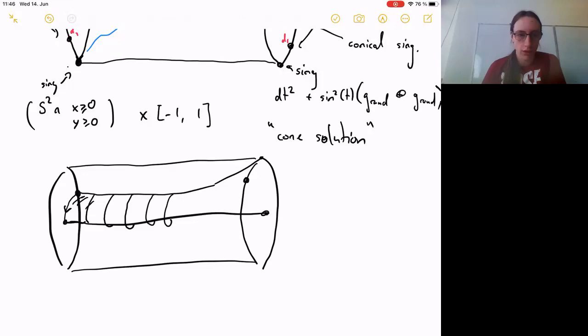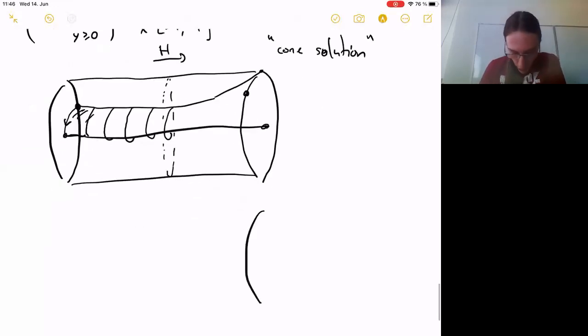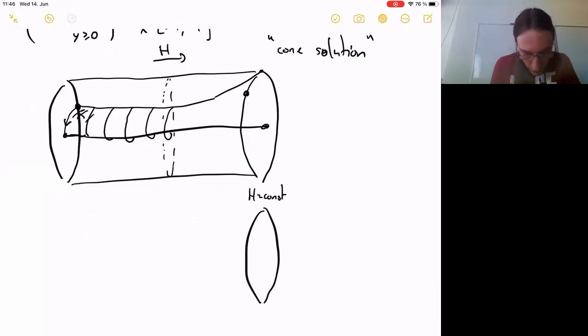We can't tell. Whenever you take the slice, this direction is called H. So if you take the intersection with some slice, H equals constant, every trajectory that leaves this critical point will intersect the slice exactly once, and you're going to get some kind of curve, just by the way manifolds work.